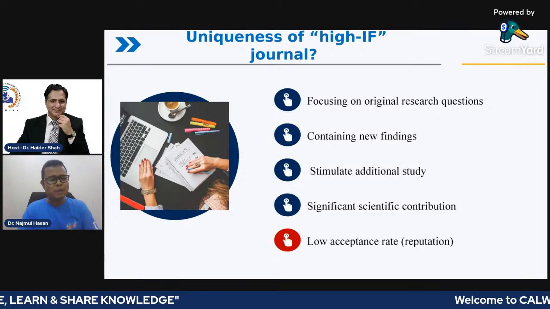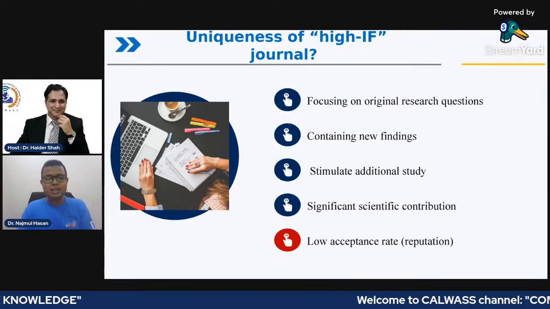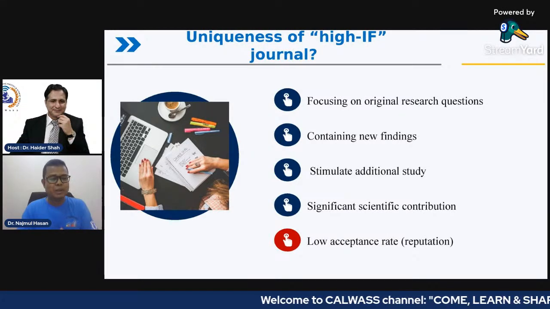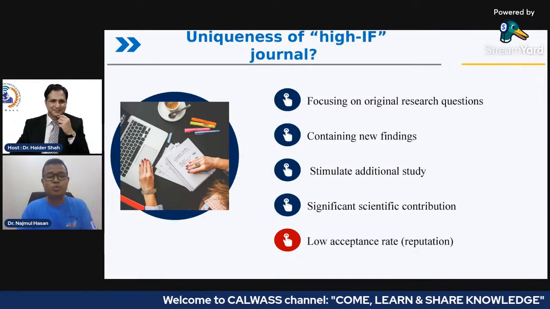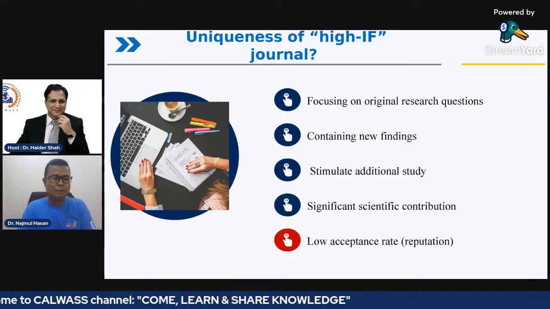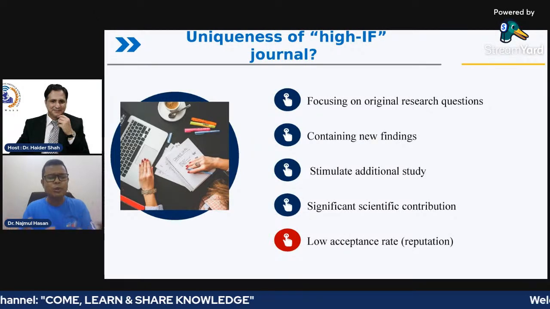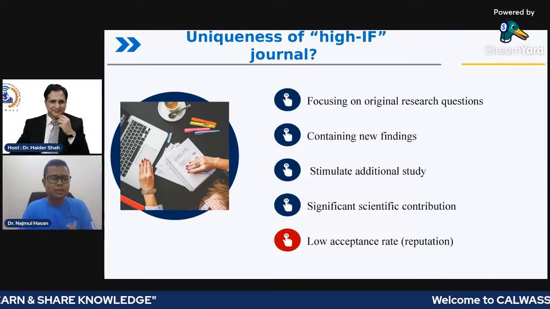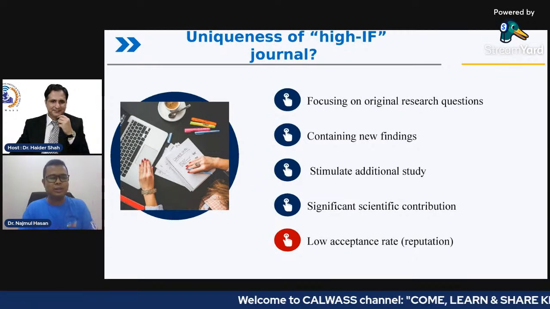These are high impact factor journals. On the other hand, A-star journals like the International Journal of Information Management have a very low acceptance rate, in some cases 3%, 5%, 1%, right? Because they get lots of volume, but they don't consider low quality papers.